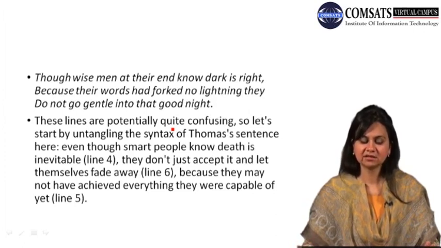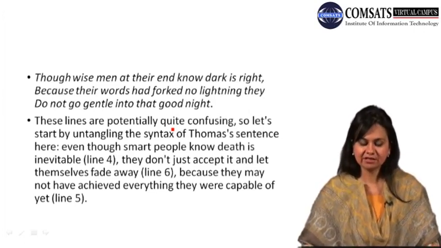Now these lines are potentially quite confusing, and what confusion is there? The confusion is about the words of the wise men and also about the right, that is, the darkness. In Dylan Thomas's sentence, even though smart, intelligent, wise people know that death is inevitable, they don't just accept it and let themselves fade away, because they may not have achieved everything that they were expecting to achieve in their lives.